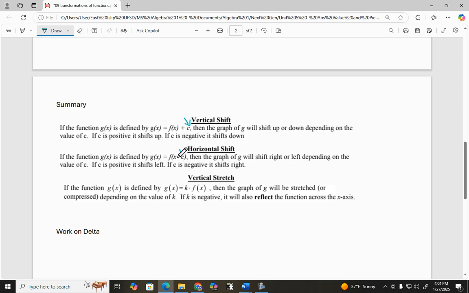This would be a right-left shift, and then this, not only if it's negative, sure, it flips it over the x-axis, but it's kind of like the rate of change of the function. So if it's greater than 1, it would be more narrow, and if it's between 0 and 1, it would be wider. And then if it's negative, it reflects over the x-axis.